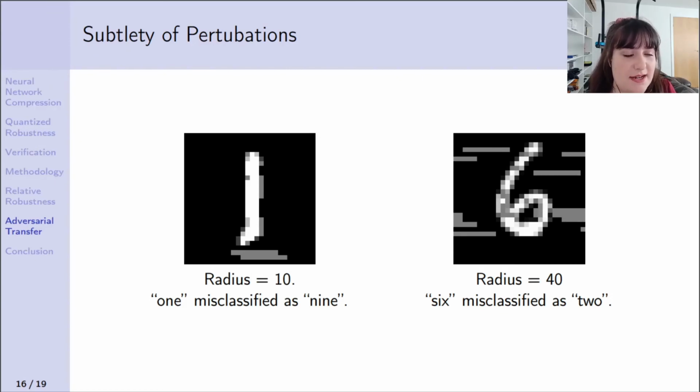On the left-hand side, a figure 1 has been altered in order to get a misclassification for my network as 9. The amount of noise added to this image cannot exceed a Manhattan distance of 10 from the original input. On the right-hand side, when our radius is 4 times as much, the amount of noise added to the image in order to generate a misclassification can be far greater.